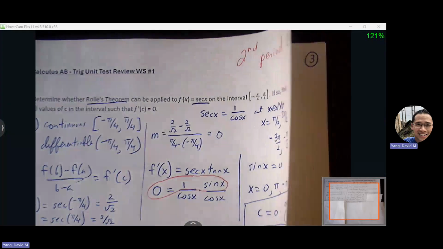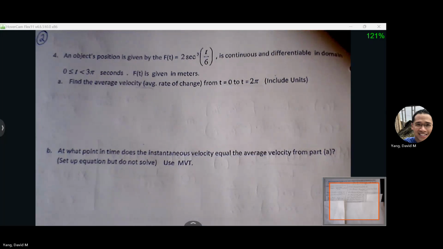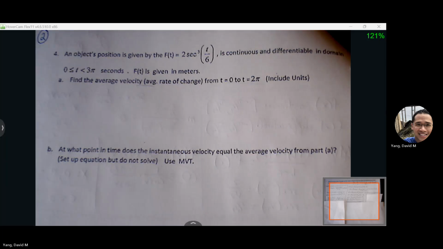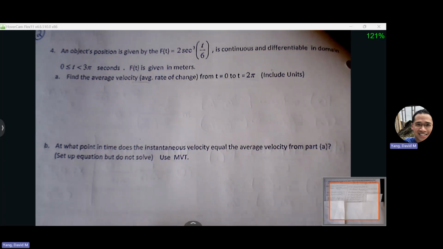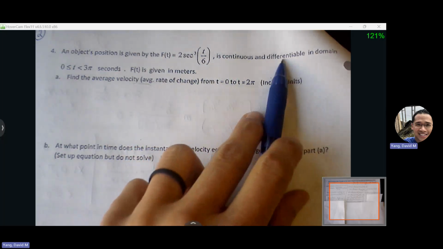All right, page 2. All right, object's position is given by f of t equals 2 secant cubed of t over 6, continuous and differentiable.